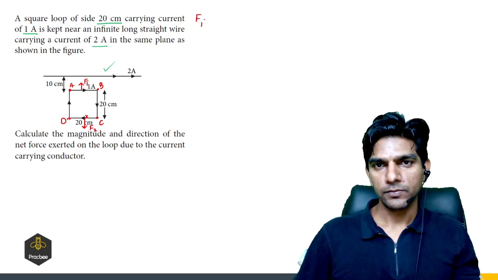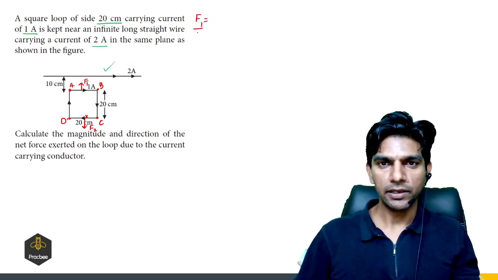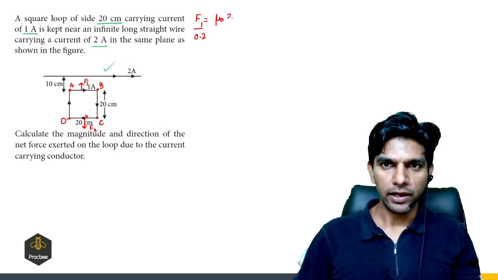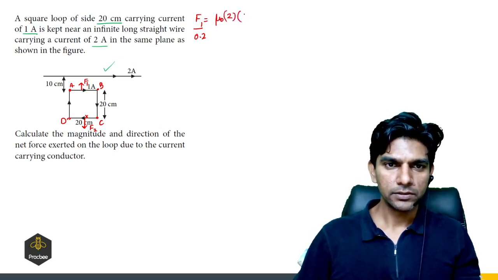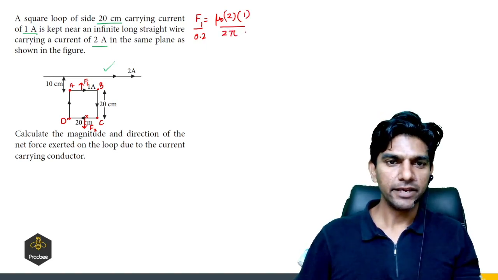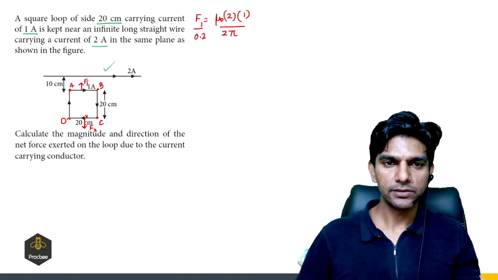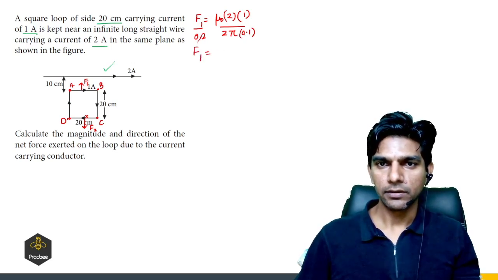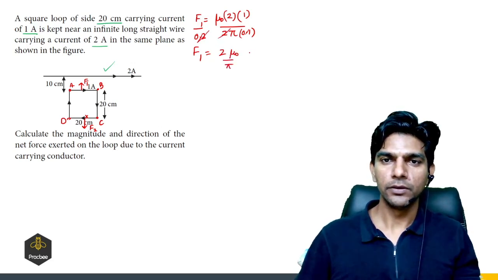So what is F1? So F1 per unit length, which is 0.2, will be mu naught I1 I2, where I1 is 2, I2 is 1, upon 2 pi D, and D is the distance between the two wires. The distance between AB and the infinite wire is 10 centimeters, so 0.1. So we can say F1 will be, this decimal will get cancelled out, this 2 will get cancelled out, so we have 2 mu naught upon pi Newton, right?